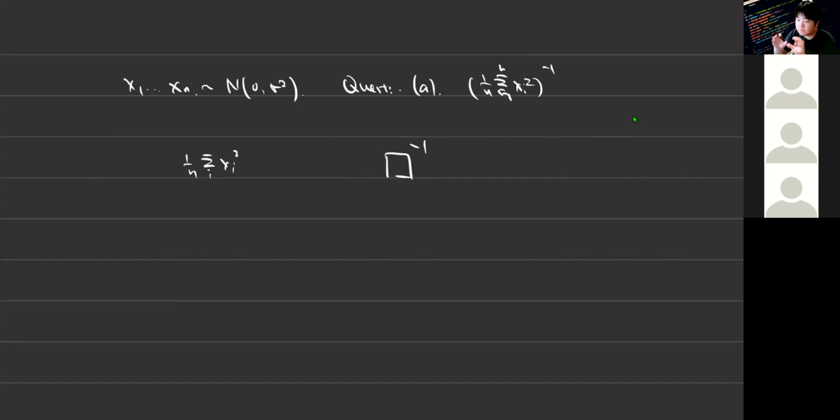You get straight from x1 to xn to essentially the sample mean of xi square.